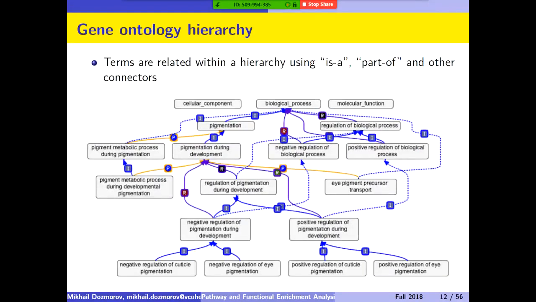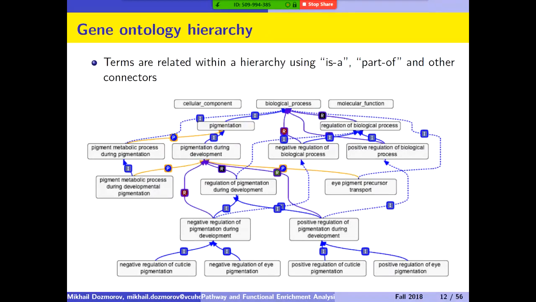This is how the gene ontology hierarchy is organized. First of all, you can see those three large domains, and I will talk more about them: cellular component, biological process, and molecular function. And down the hierarchy, you have more and more refined understanding about some particular function.